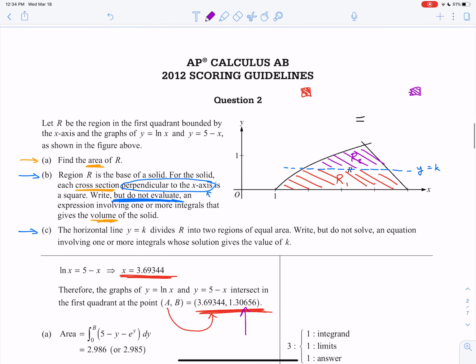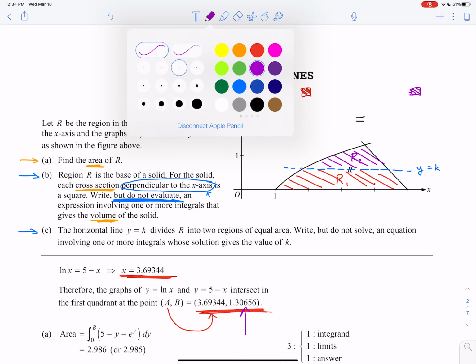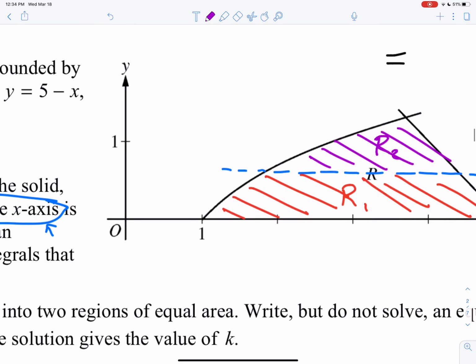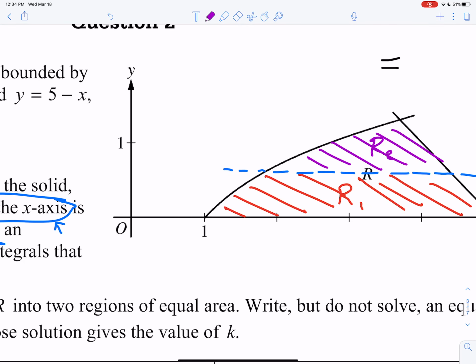Now, here it's set up in a way where integrating with y would be way easier than integrating with x. Okay? So we're actually going to integrate with y here, because if you look, integrating with x gets super complicated because you're going to have a top minus a bottom, and that top switches, that bottom switches constantly.